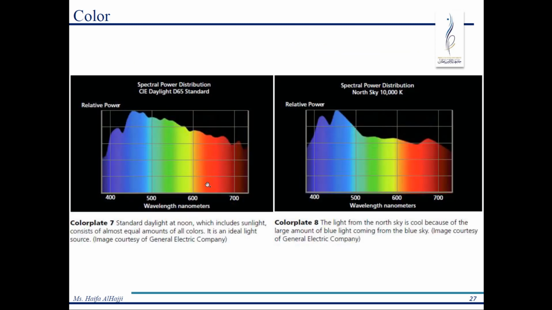So what happens is, for example, I have this north light, and this is my ideal light. I gave it an index of 100. So what do you think the CRI for the northern light is going to be? It's going to include how much of this light is actually found in here. For example, most of the blue light is there.